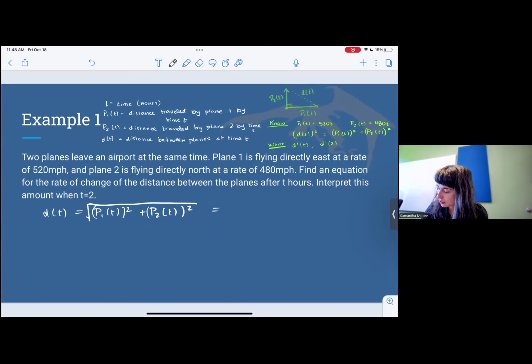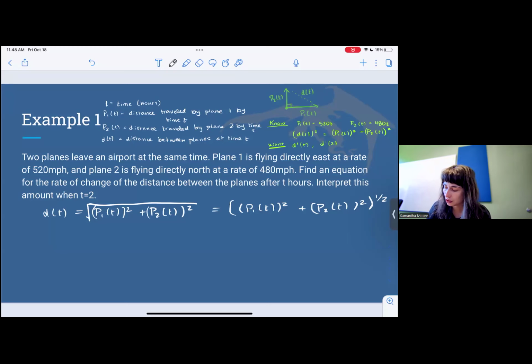And like I said, I want to take the derivative of this. So instead of thinking about it as the square root, I'm going to think about it as to the 1/2. That way I can see my chain rule a little easier.